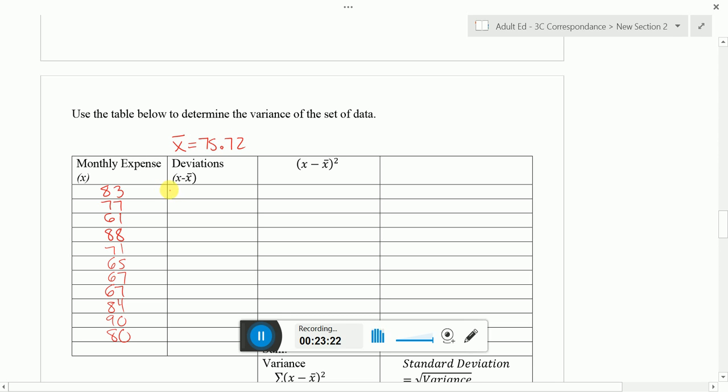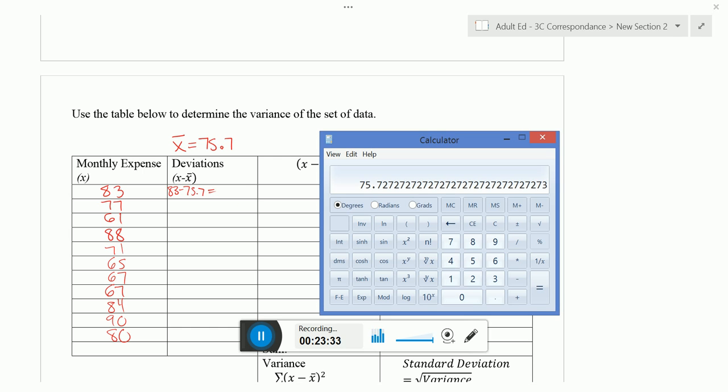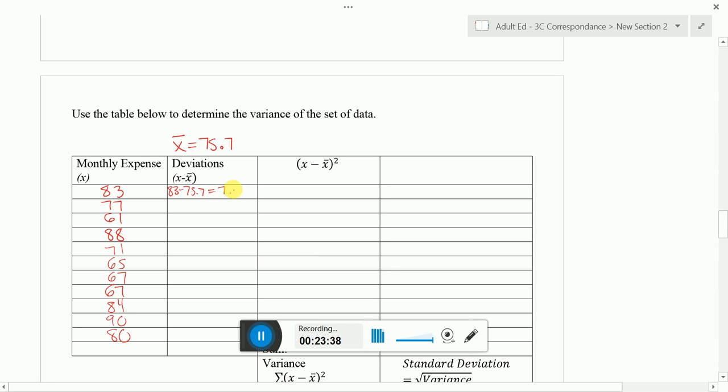So what we're doing is 83 minus our average, 75.7. I'm just going to round it to 75.7. And we're finding out what that is. So 83 minus 75.7 gives us 7.3. 77 minus 75.7 is 1.3, and so on.